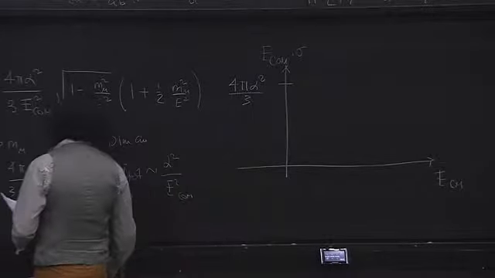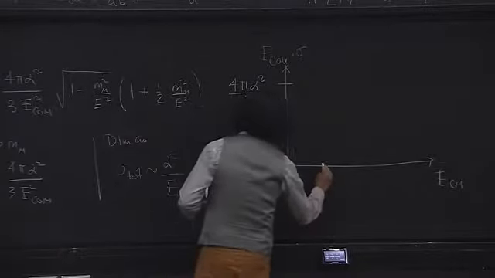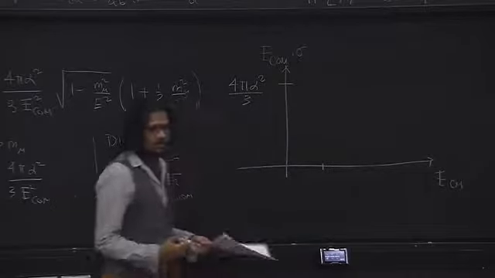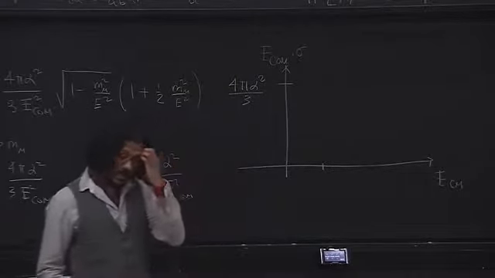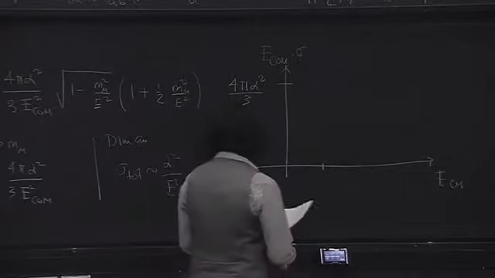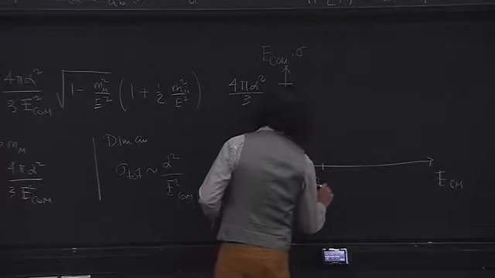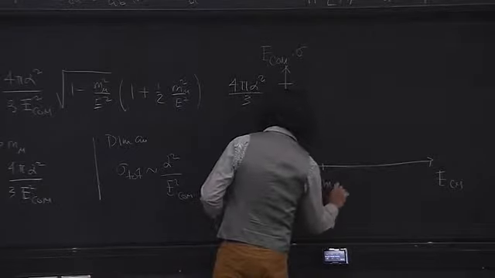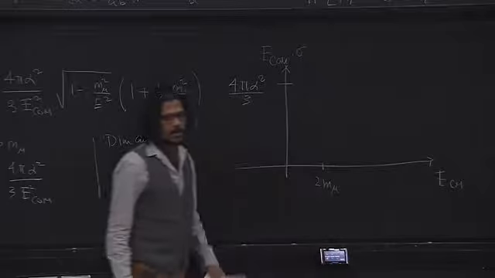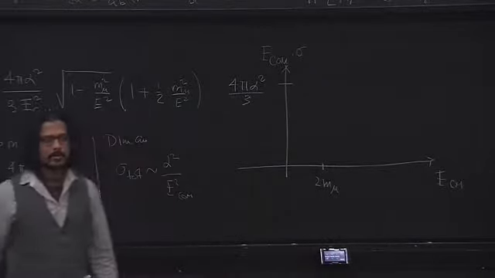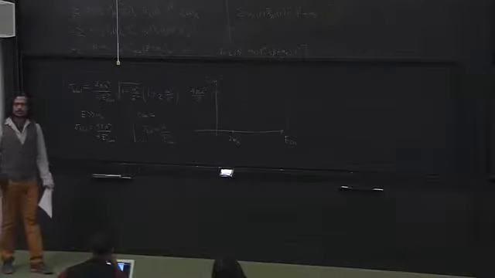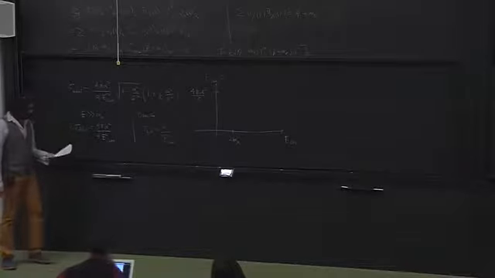And of course there's a threshold for this process. If your initial electron and positron did not have energy equal to or greater than the mass of 2 muons, then of course muons will not be produced.